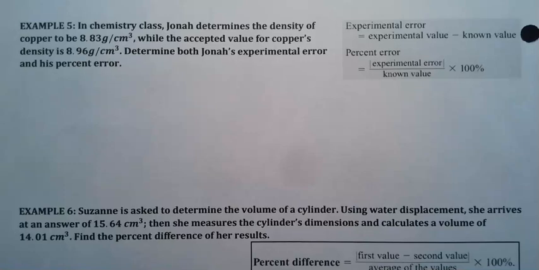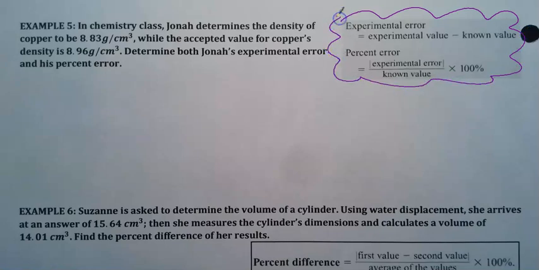All right, so notice, I actually want to draw your attention over here to the formula first. Okay, for this. Okay, so experimental error is when we take the experimental value and we subtract the known value for something. Okay, so there's two different formulas here. Then we have percent error.